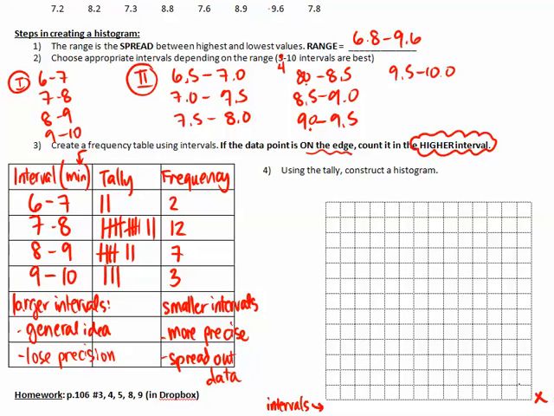So this is my x-axis. I'll choose from 6 to 7, 7 to 8, 8 to 9, and 9 to 10. And then what I have up here are the frequencies. So the intervals are independent because I get to choose them.